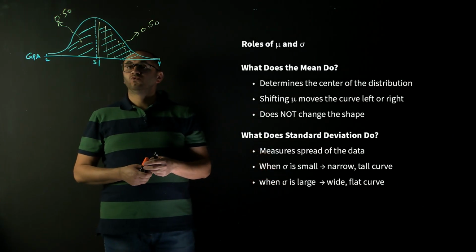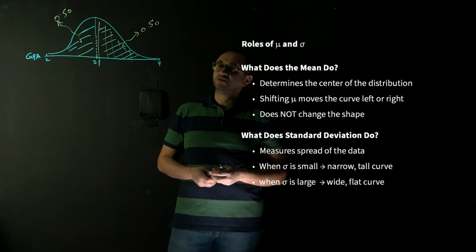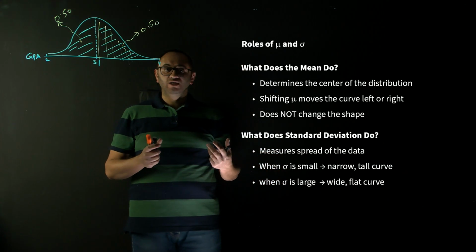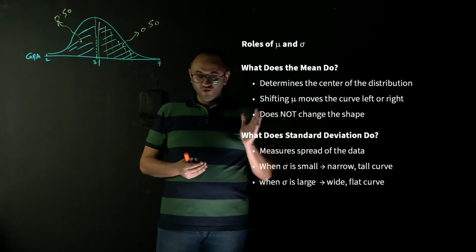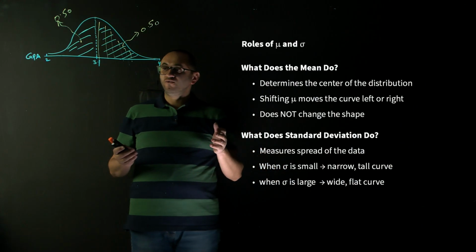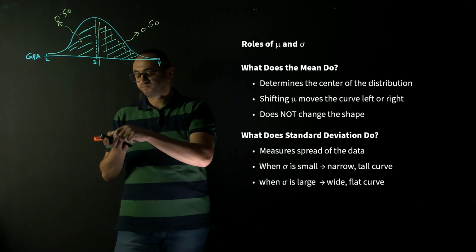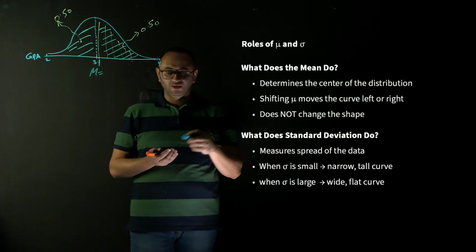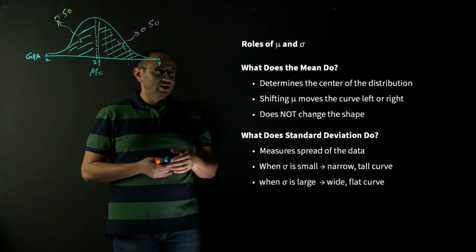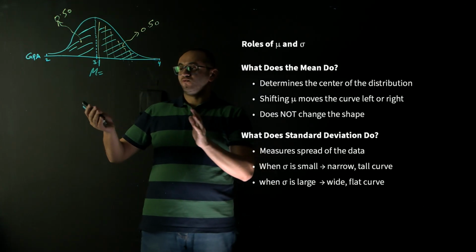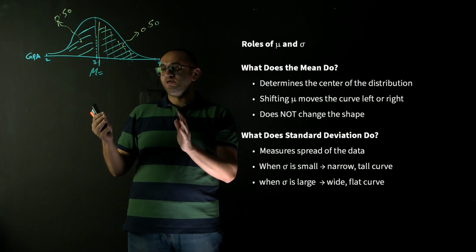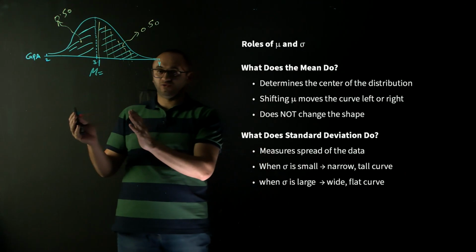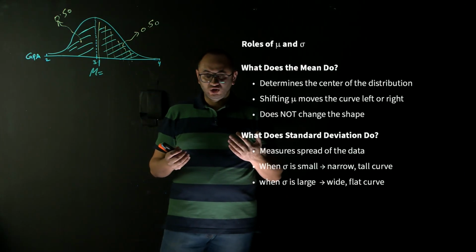As I mentioned, we have two parameters for the normal distribution, mu and sigma. What does mu do? Mu determines the center of the distribution. When you change the value of the mean, we shift the distribution to the right or to the left, but don't change the shape.